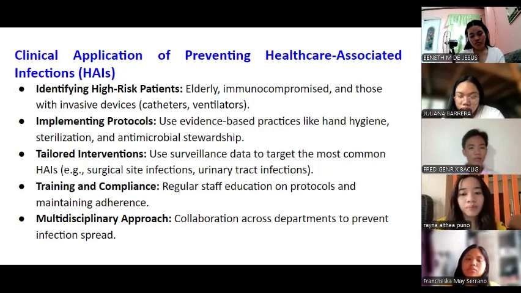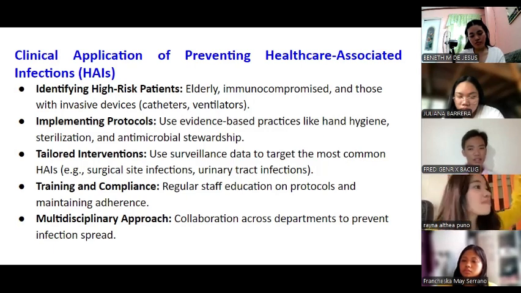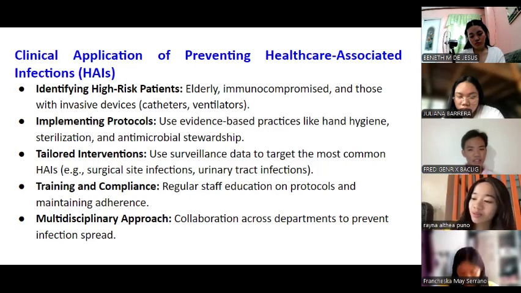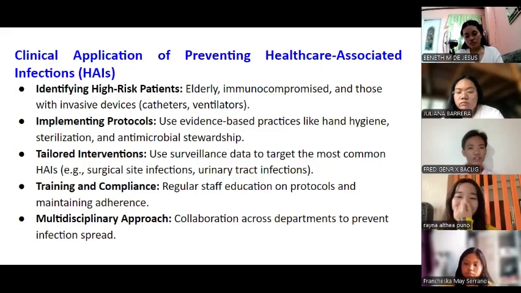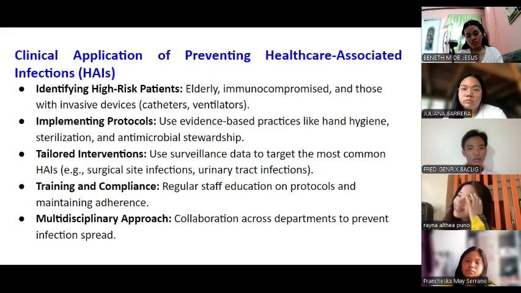In preventing healthcare-associated infection, collaboration across various departments within a healthcare facility is a must because it involves physicians, nurses, infection control specialists, and microbiologists working together to implement comprehensive infection prevention and control measures.